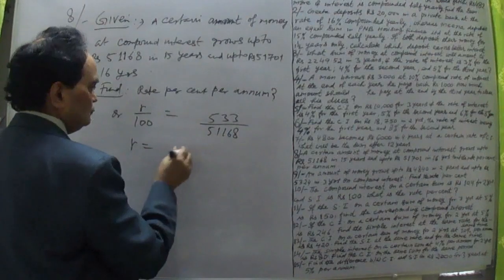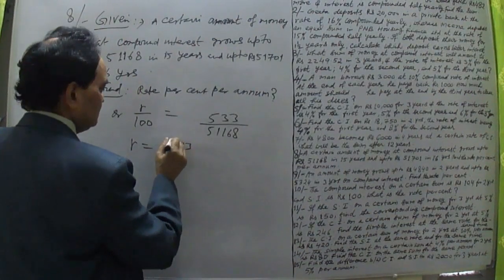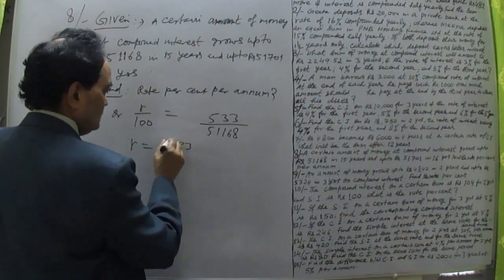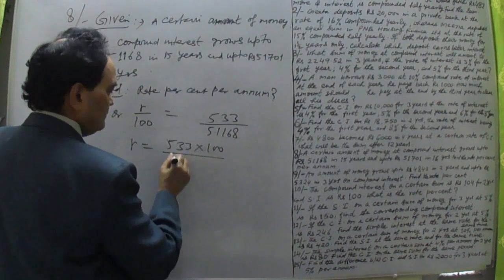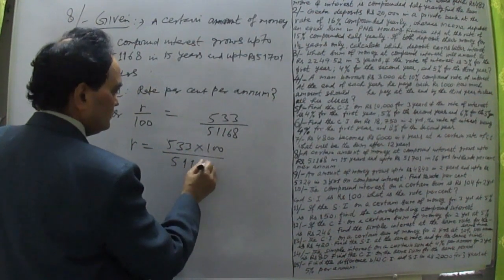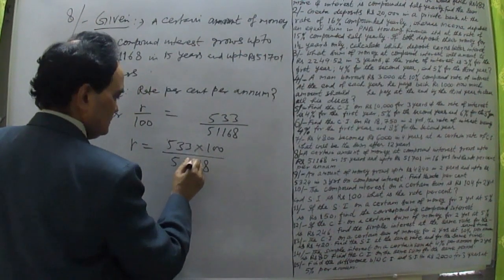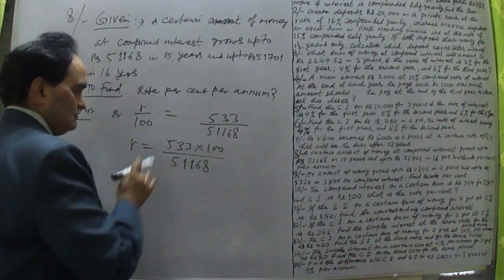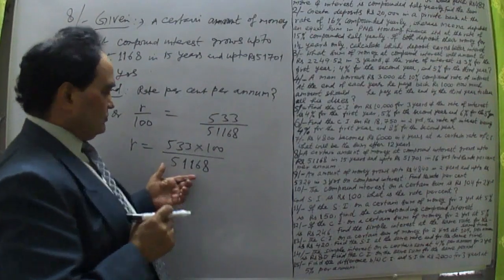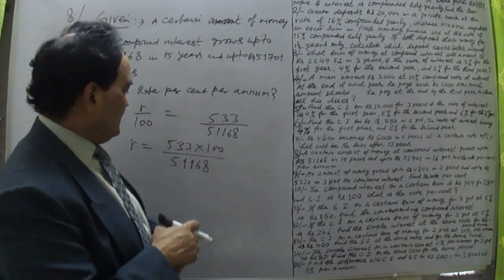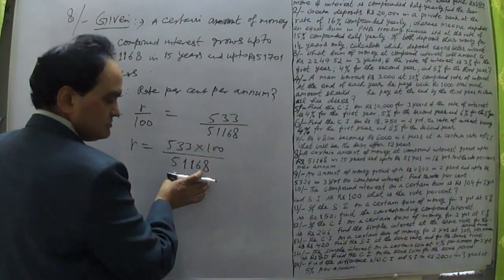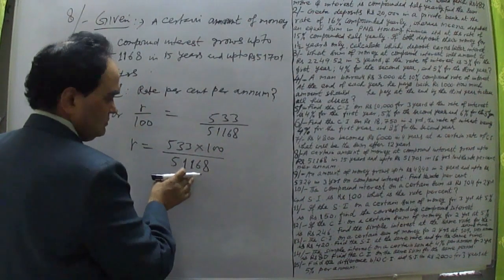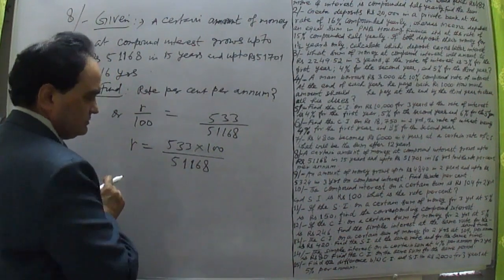This is R is equal to 533 into 100 divided by 51,168. So what is the division of this, then multiplied by 100? If I divide, this value will come in the denominator. So what value does the denominator give us?